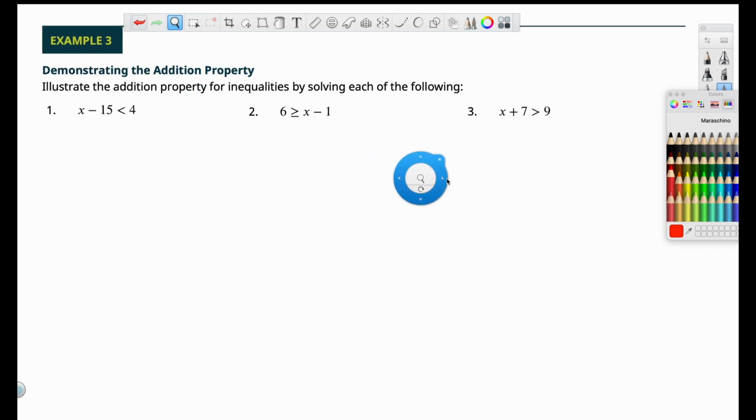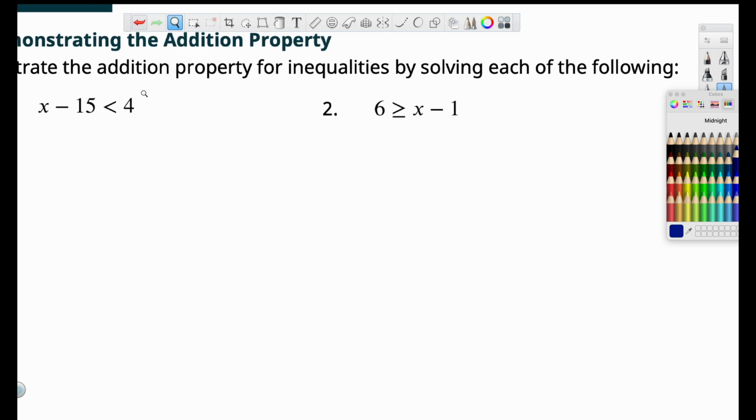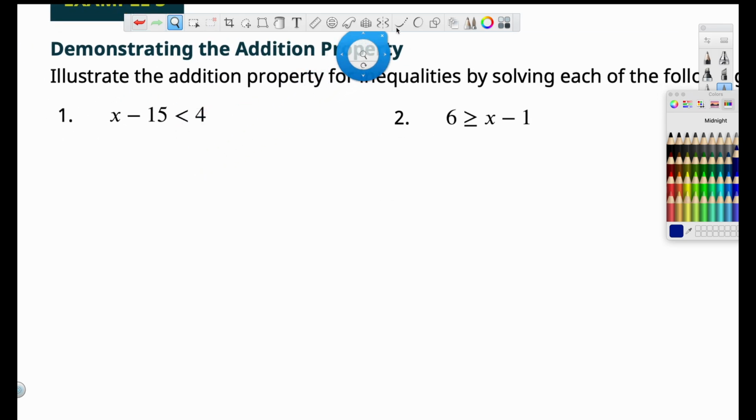Illustrate the addition property for inequalities by solving each of the following. Okay, so addition property, we're just going to add 15 to both sides. Don't have to do anything with the signs here, we're just going to keep them as they are. So it's going to give us 19.